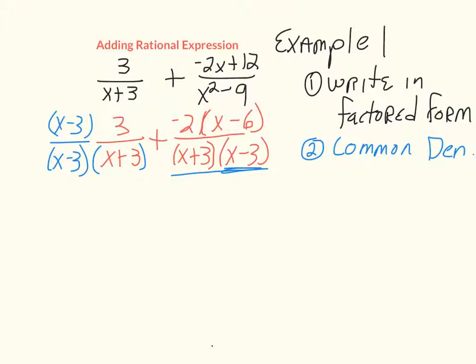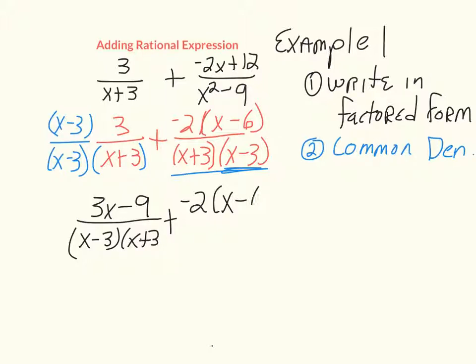That results in a numerator of 3x minus 9 over x minus 3 times x plus 3, plus a negative 2 times x minus 6 over x plus 3 times x minus 3.